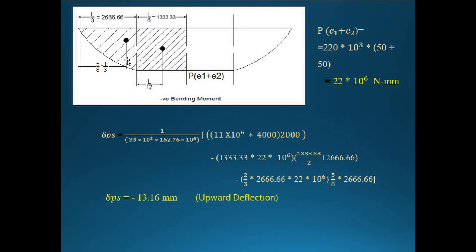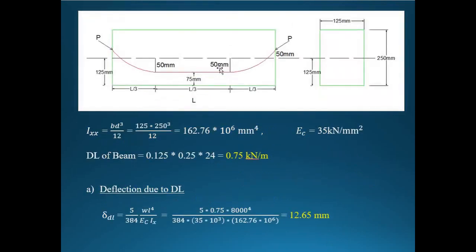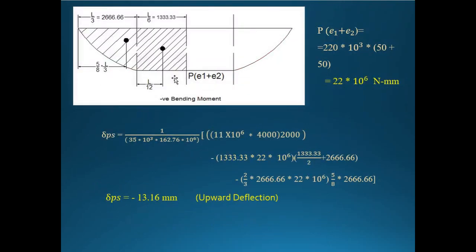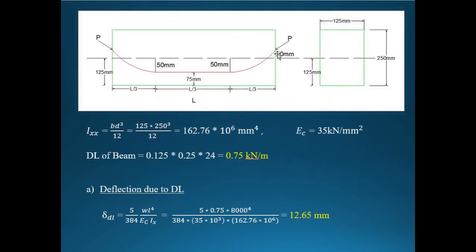I will talk about the centroidal distance later, but this P into E1 plus E2 is important. Make a note that this cable profile has two types of eccentricity, E1 as well as E2. The E1 value is the eccentricity present above the neutral axis. The E2 value is the distance present below the neutral axis, between the cable and the neutral axis.